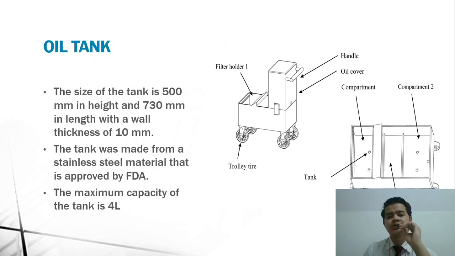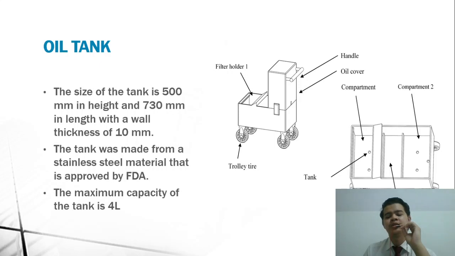This oil tank is one of the drawing parts in the waste cooking oil filtration box. The size of the tank is 500 mm in height and 730 mm in length, with a thickness of 10 mm.